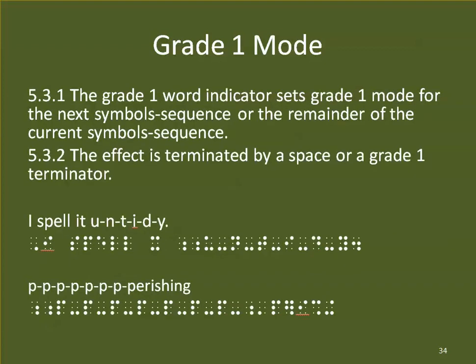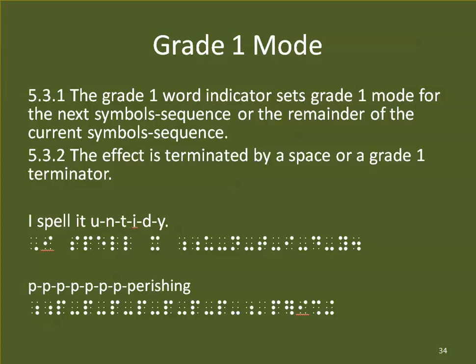So that's grade 1 symbol indicator. We're now moving on to grade 1 word indicator. The grade 1 word indicator sets grade 1 mode for the next symbol sequence or the remainder of the current symbol sequence. The effect is terminated by a space, so we get to the end of the sequence, or by specifically saying the grade 1 mode has stopped. So in the first example, a space is going to terminate it. I spell it U-N-T-I-D-Y.